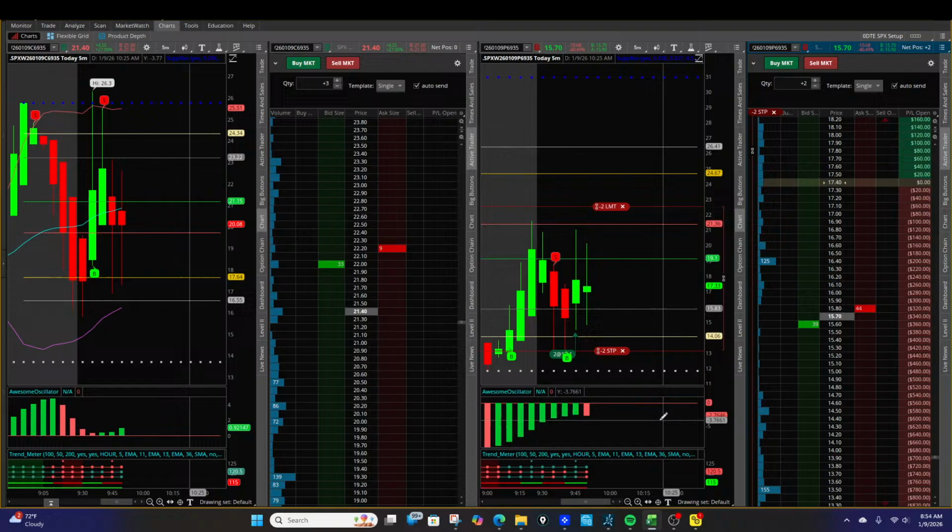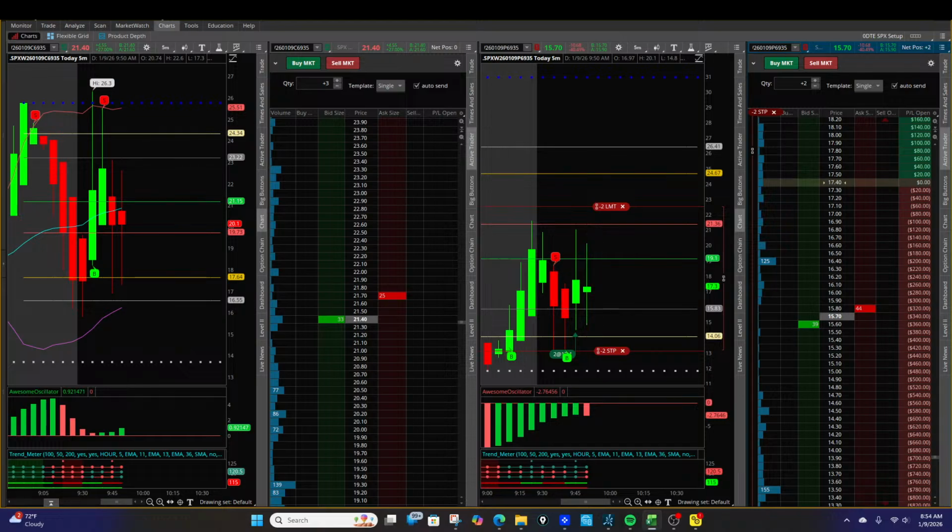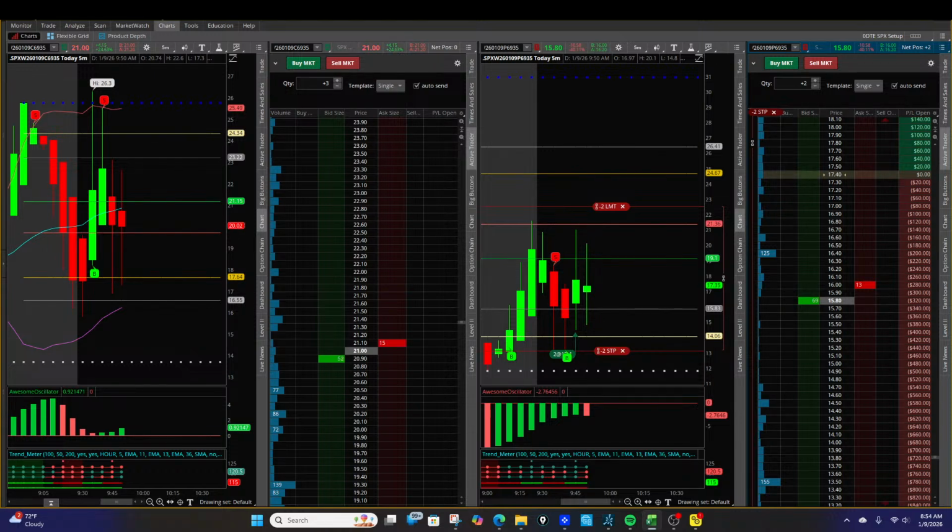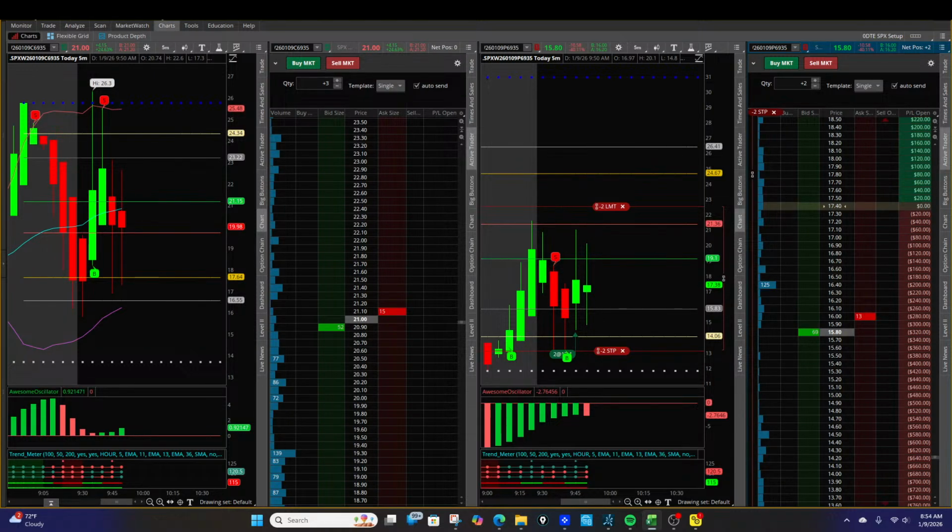We also got a red bar on the awesome oscillator, so I don't like that. The candle looks like a combination spinning top / doji. Dojis have the long wicks, and spinning top is kind of what this looks like, so it's like a combination of those two.